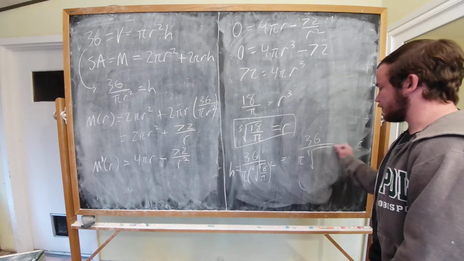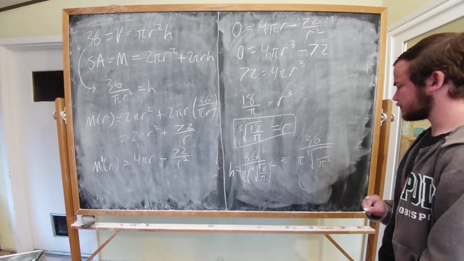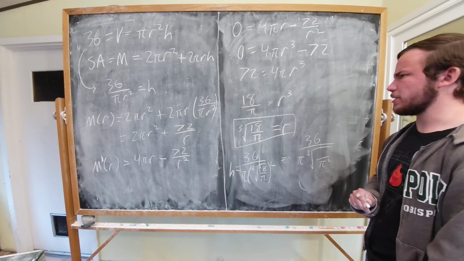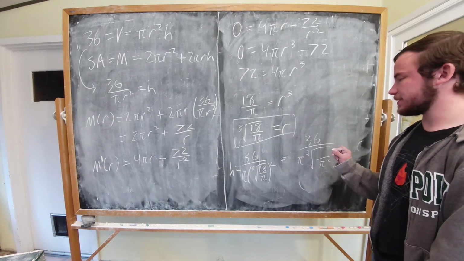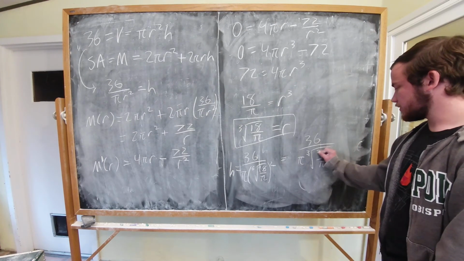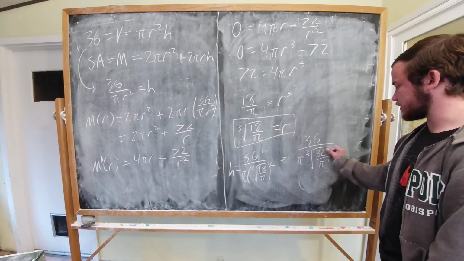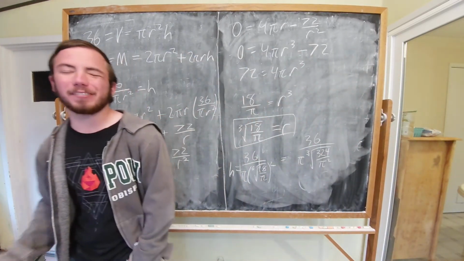If you wanted to do some simplification, that would be 36 divided by pi times the cube root of 18 squared divided by pi squared. 18 squared is 324. Let me check if that's a proper cube root. I'll do that off camera.